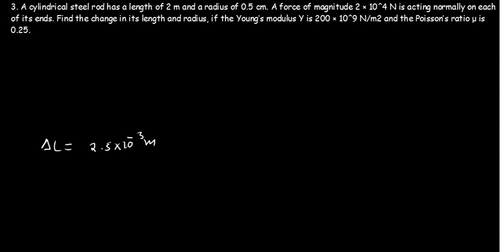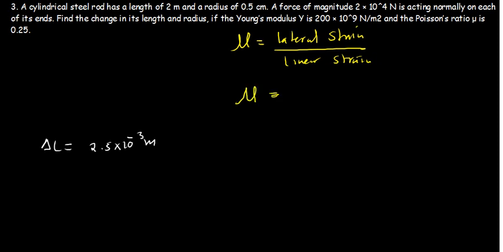Well, we said that the Poisson's ratio, given by mu, is given by the lateral strain divided by the linear strain. Now, how do we find the lateral strain? We said lateral strain is simply the strain that talks about the change in radius.